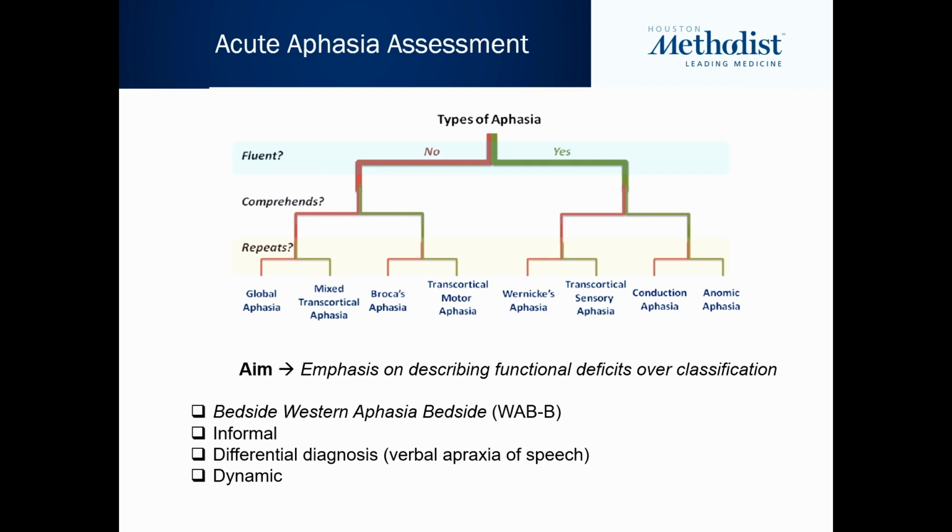Does this patient have oral motor weakness, dysarthria? So really deciphering clinically what this patient is presenting with, because that definitely tailors the trajectory of where rehab is going to go. Treatment of verbal apraxia of speech and dysarthria is markedly different than treatment of expressive aphasia. A lot of times it can be a combination, but that's what we're trying to decipher at the bedside.